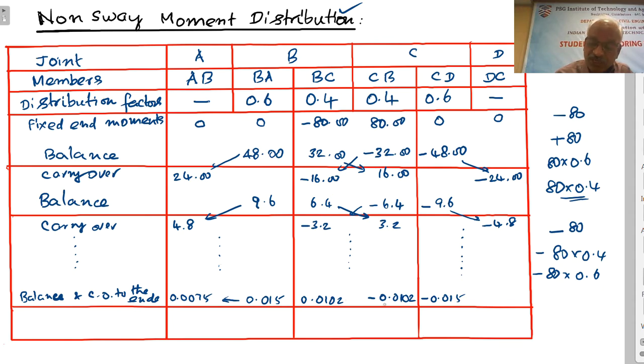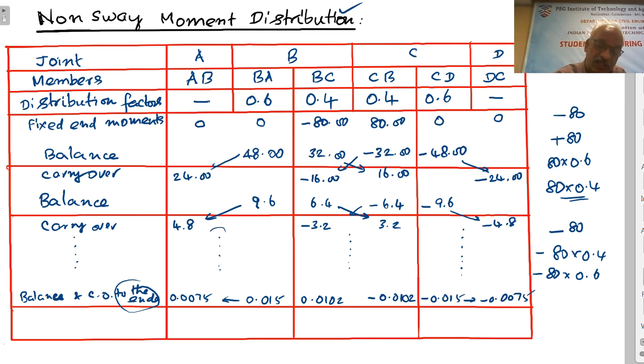So from here to here, there should not be any carry, only to the ends. Carry over only to the ends. So from here to here there will be a carryover minus 0.0075. So like this, till the values become negligibly small, we have to repeat the cycle.